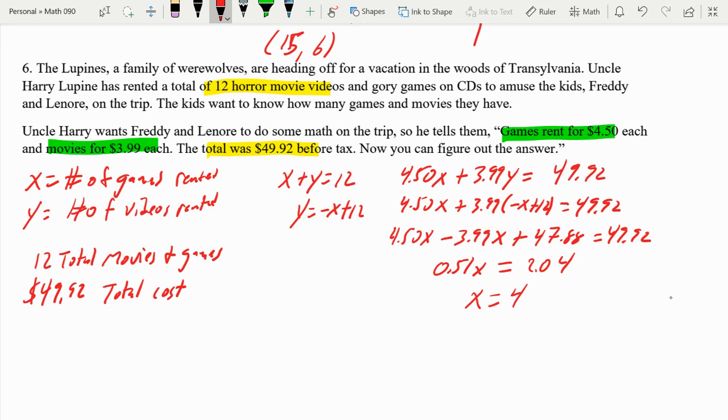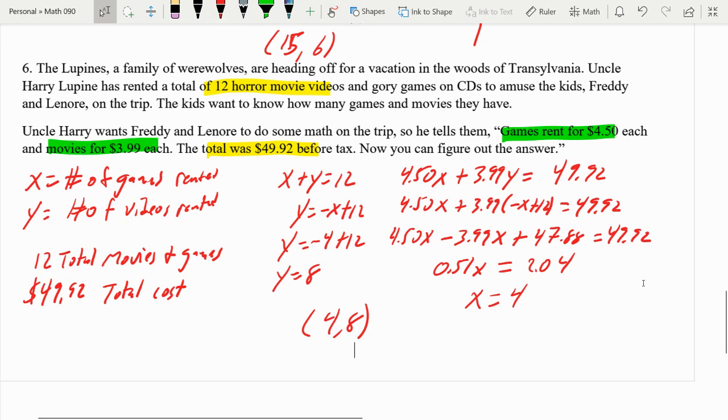X is equal to 4. Well, if there were 4 games rented, there were 8 movies rented. All right. So again, 4 and 8. Just remember, X always goes first, guys. All right, don't screw up and put 8 and then 4. All right.